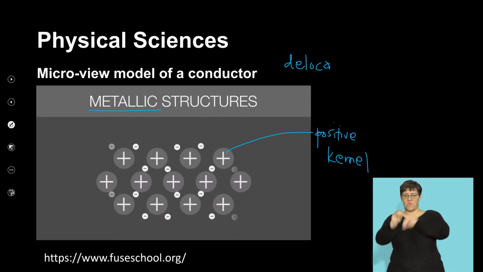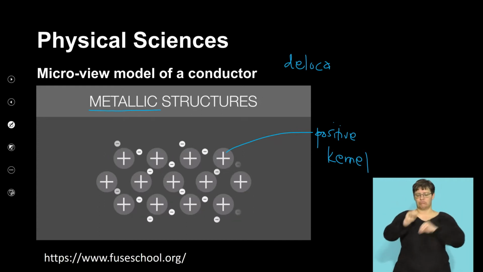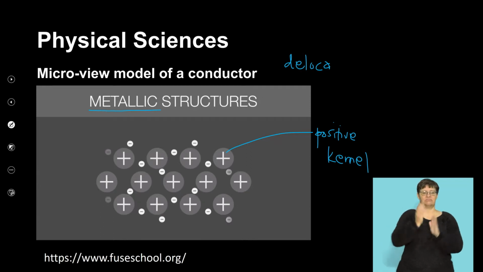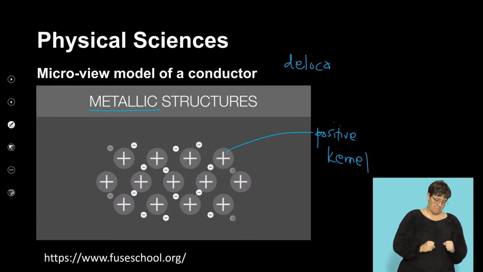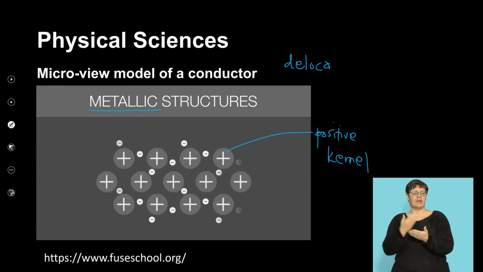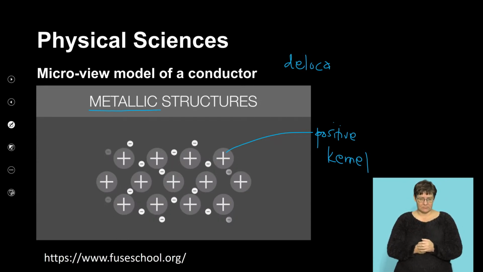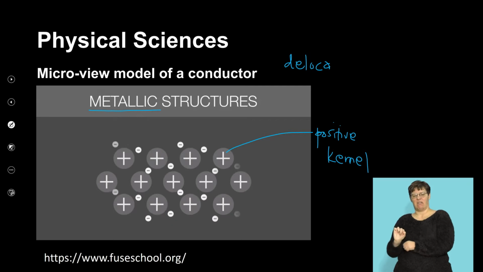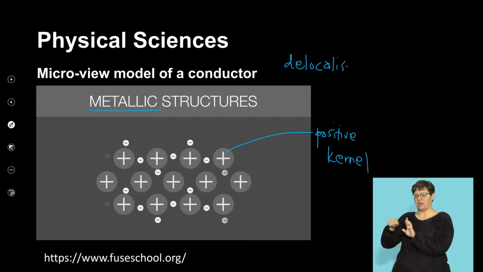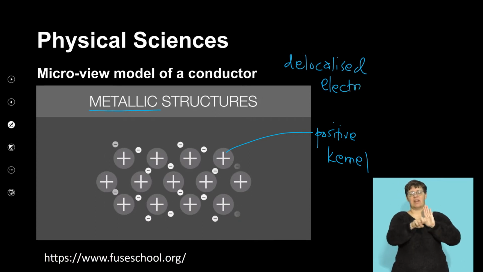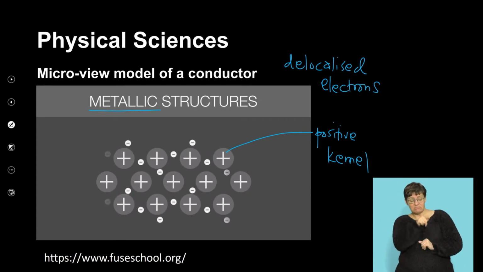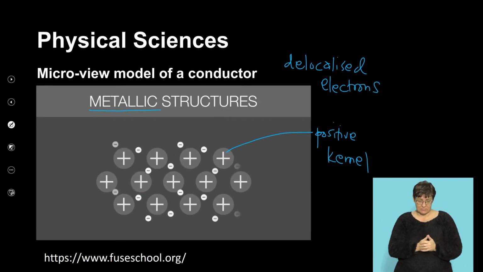As you can see from this demonstration, these electrons are free to move. They are not fixed around a single positive nucleus. They are free to move between adjacent nuclei. So this is a sea of delocalized electrons. Okay, so these are two very important components within the micro view model of a conductor.